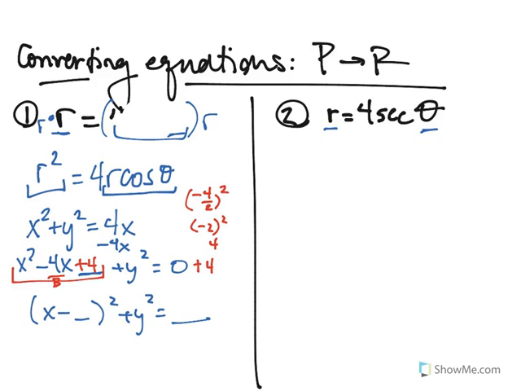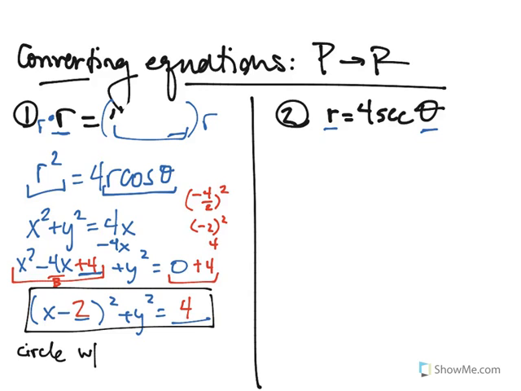So x squared minus 4x plus 4, that's a perfect square of x minus 2 squared. My other side is a 0 plus 4, so that just stays as 4, and that is fine. This is my answer. This is an equation of a circle, so this gives me a circle.